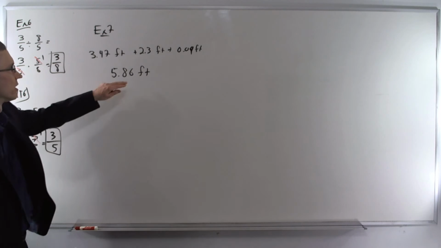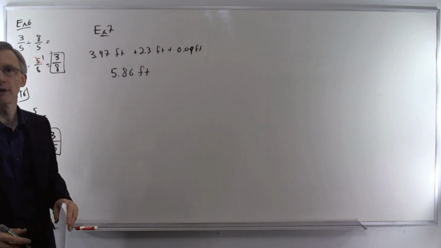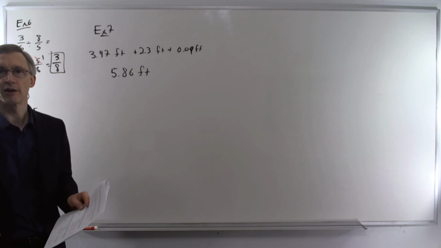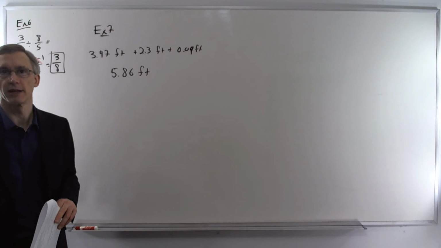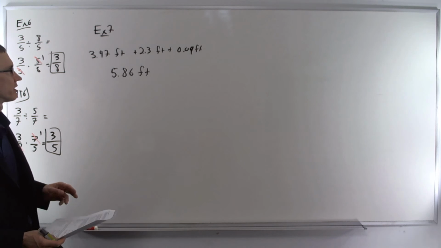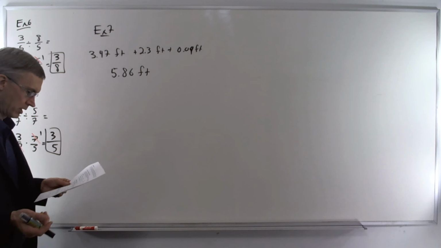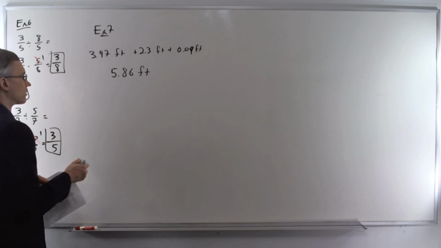Don't change the units when we're adding or subtracting. If we have 3 cars plus 5 cars, we get 8 cars. We don't get 8 something else. So the units stay the same. They don't turn into feet squared or feet cubed or anything like that. They just say feet.